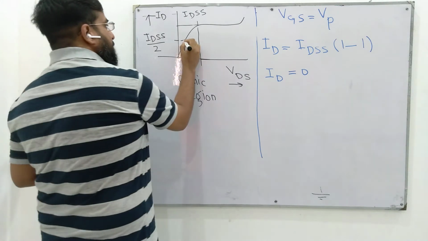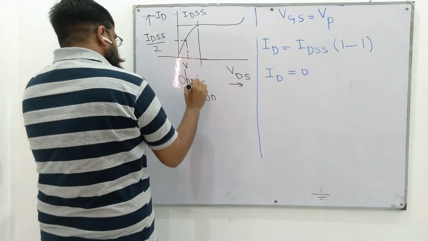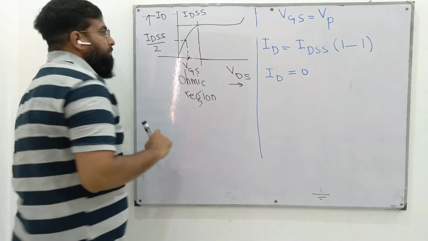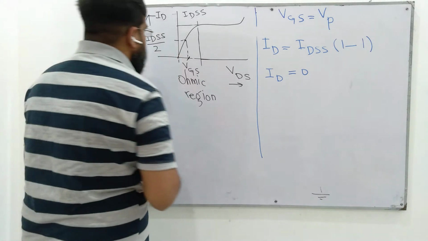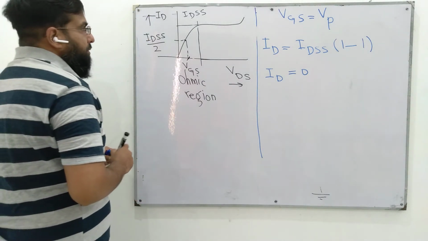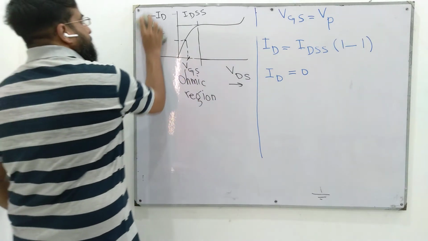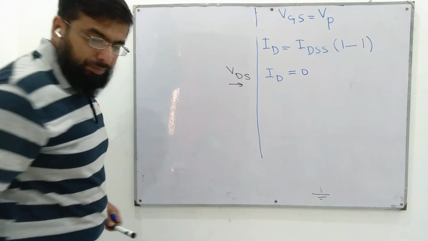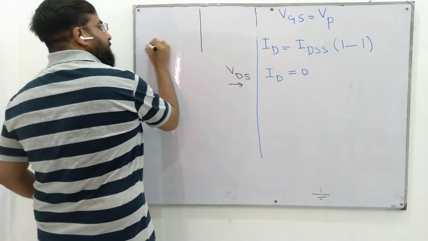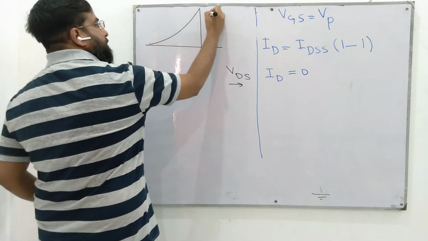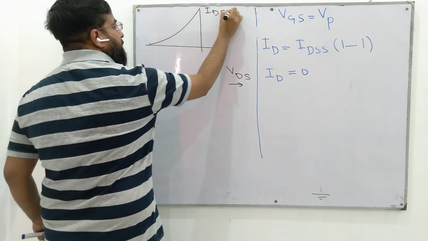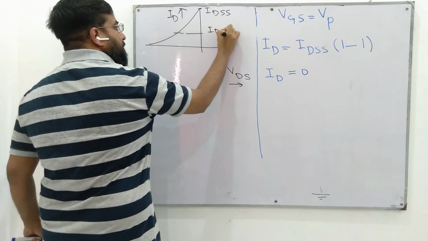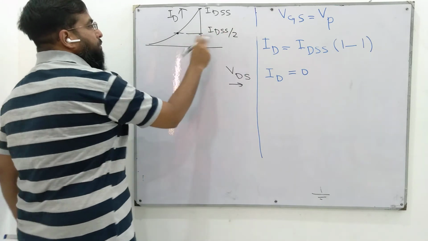What is the amount of VGS here? In other words, we can draw these characteristics, where we have this IDSS, ID, and mostly we are required devices here.